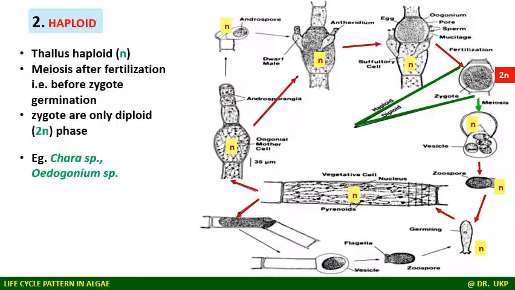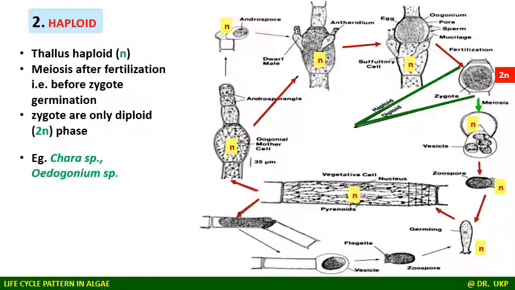Just think about the diploid life cycle, where only a small portion, the gametes, are haploid. In the haploid life cycle pattern, it is reversed. The majority of the life cycle is haploid. That is, the thallus body is haploid.